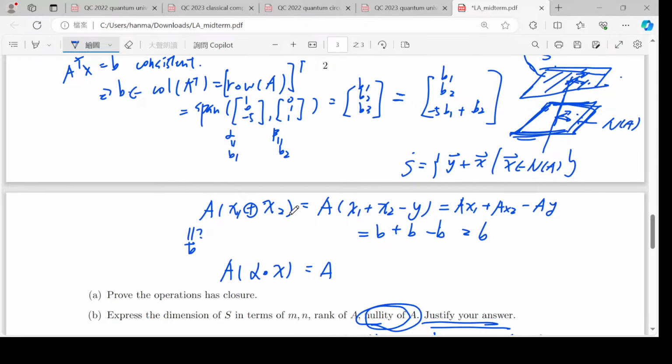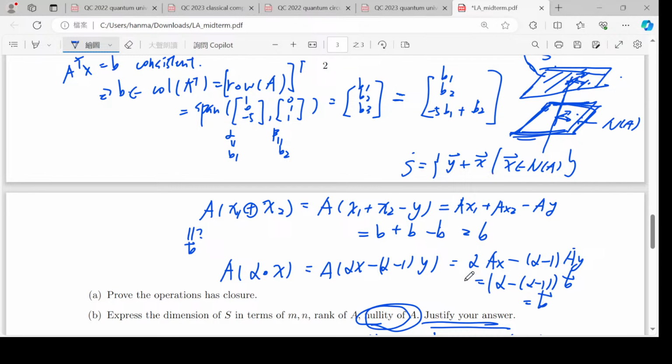Alpha x minus alpha minus 1 y. A of alpha x minus alpha minus 1 y equals alpha Ax minus alpha minus 1 Ay, and that's equal to alpha minus 1 and B, because Ax equals B and Ay equals B vector. So this is 1 times B vector, that's B vector.